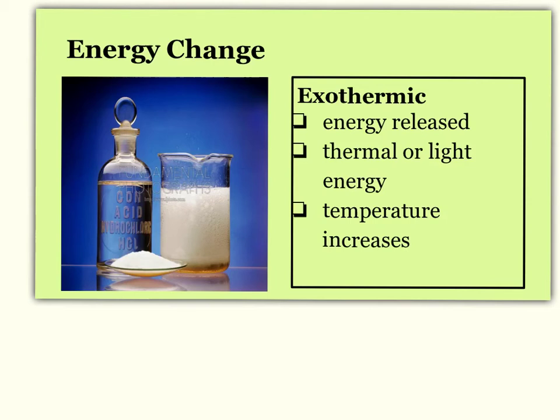Typically you will have an increase in temperature around it. It's not always thermal energy that is released. Sometimes it's light energy, but thermal energy is most common, and you will often have a temperature increase. This happens a lot in neutralization reactions, which we'll talk about later too.